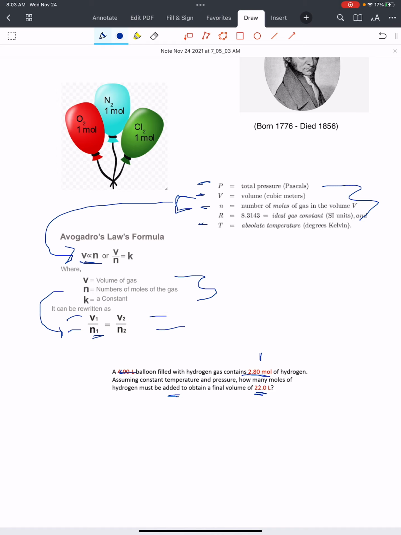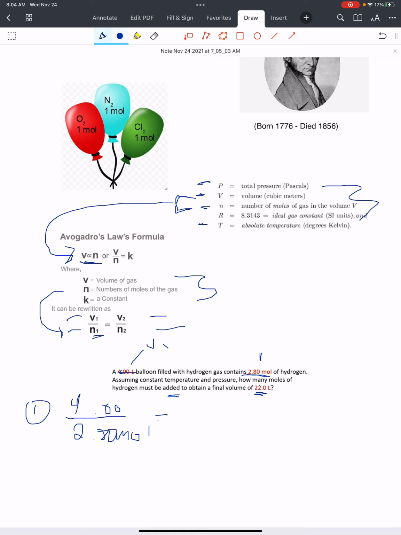So let's plug this in. We have V1, N1, V2, N2. First, we are going to identify our equation, and we have 4.00, which is volume 1, over 2.80 moles of hydrogen gas.